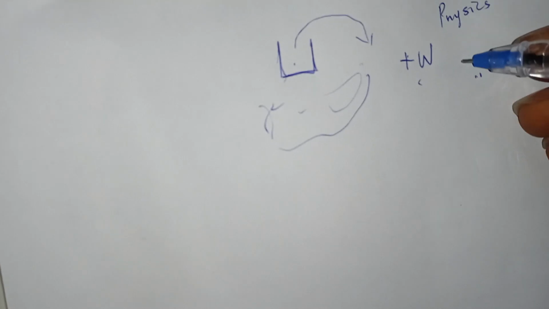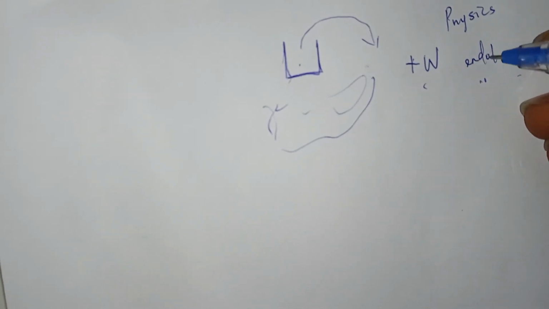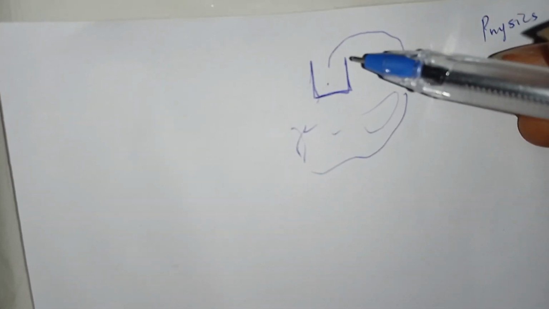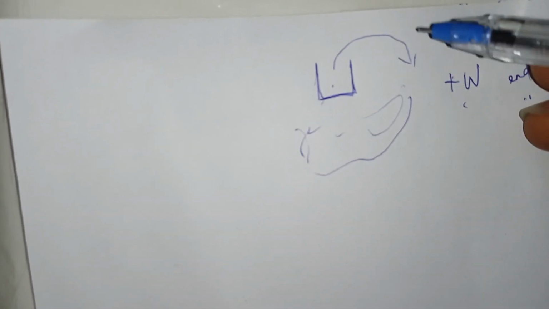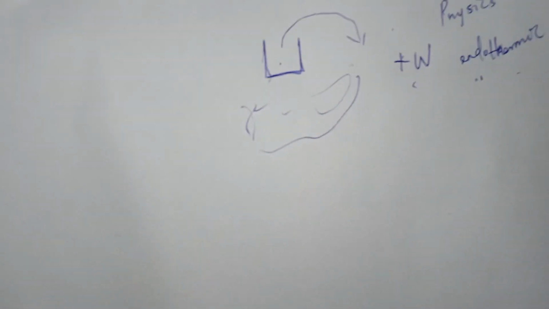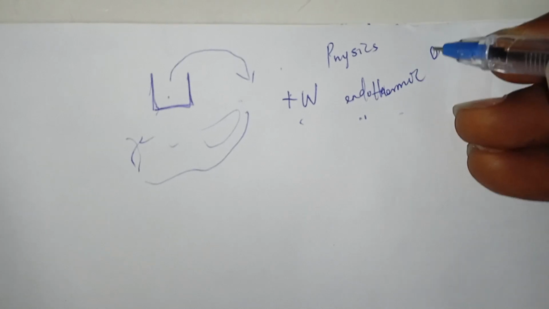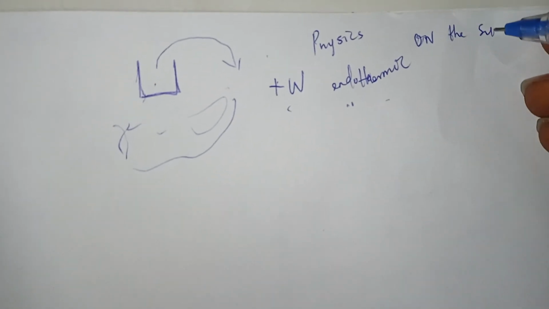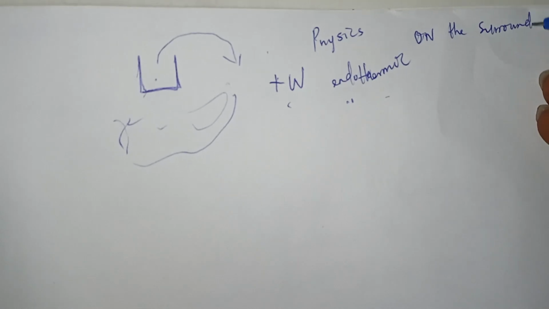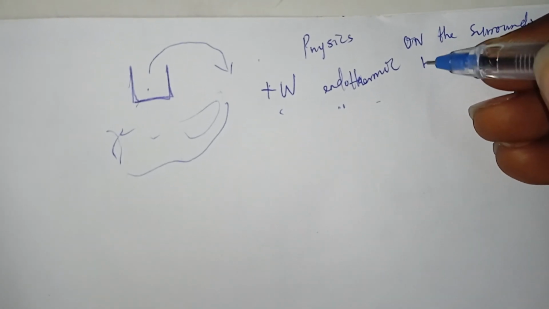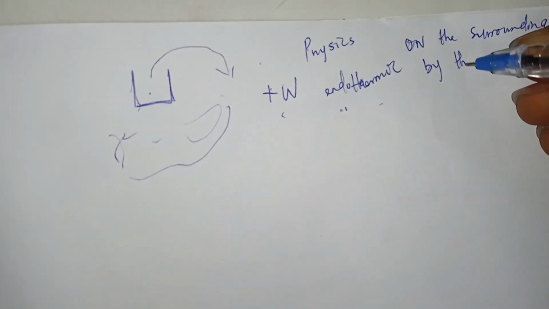The surrounding is gaining, it is endothermic. That means that when work is done on the surrounding, work is done by the system.